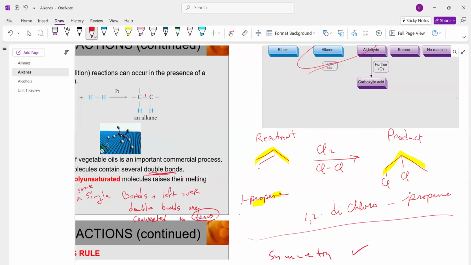And one last thing: this is non-stable relative to what we're trying to make. The reason this happens is because the product is more stable than the reactant. Now, for all reactions, almost without exception, it's not a one-way trip.